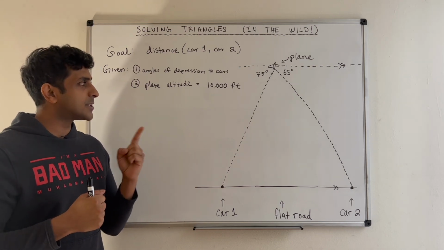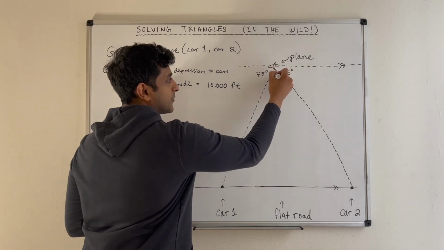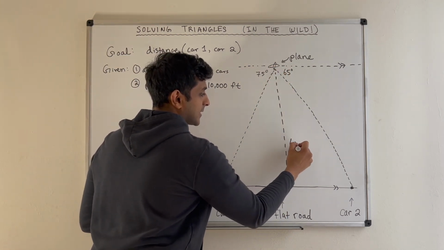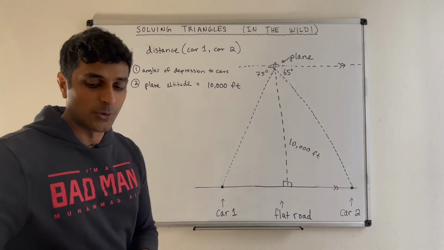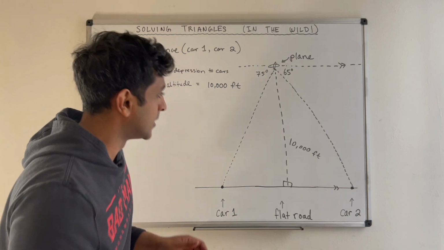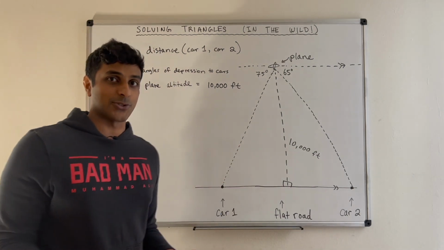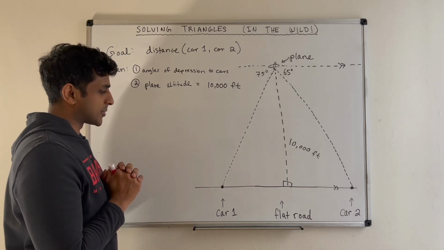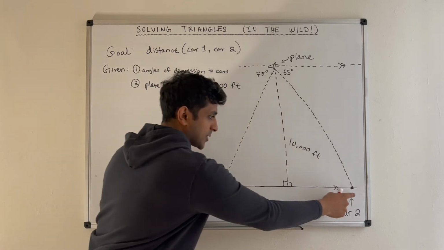And the first step is to actually draw in the altitude, because that's going to reveal something key. So if this is 10,000 feet, we now see that this picture is essentially two right triangles. And we are the masters of right triangles. And so what are we interested in? Well, we want to know the distance between the two cars, so the distance from car 1 to car 2.